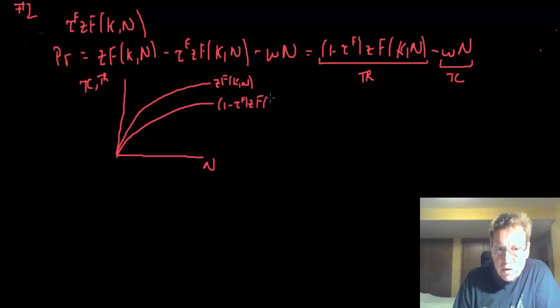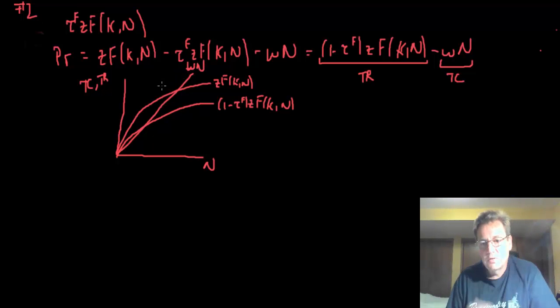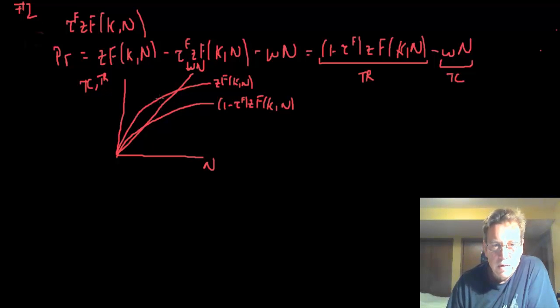But it has no effect on the total cost function, which just looks like that. That's a WN. So what you can do is just figure out what level of production will maximize profits when there's no tax rate and then when there is a tax rate.